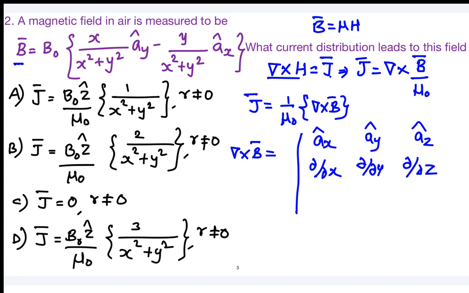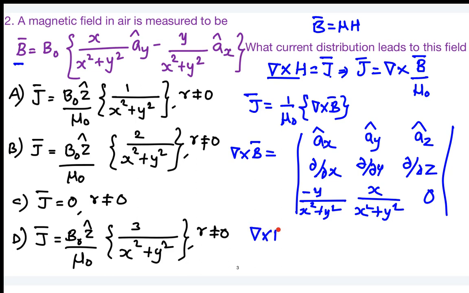What is the coefficient of Ax here? That will be minus y by x square plus y square. The y coefficient will be x by x square plus y square, and there is no z coefficient. So you can simplify and tell me the answer. Take your time, no problem, but tell me the answer.